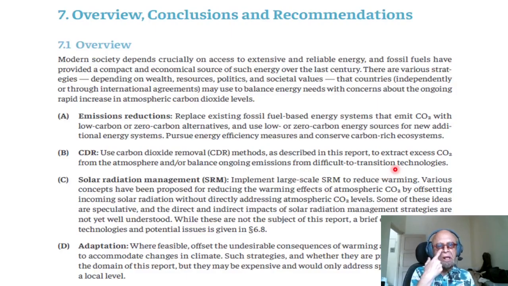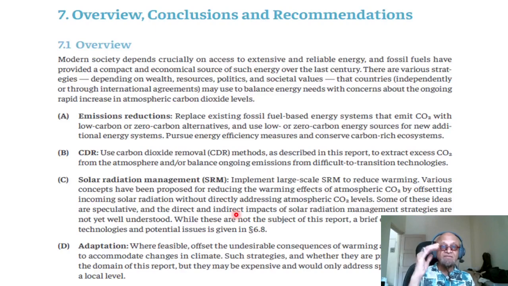So these are actions. Solar radiation management, we have discussed it elsewhere, remains tricky and controversial because you are going to spray things in the upper atmosphere hoping to deflect or reflect sunlight to reduce the amount of energy coming in. But if CO2 continues to rise, then you're going to have acidification and other negative impacts.